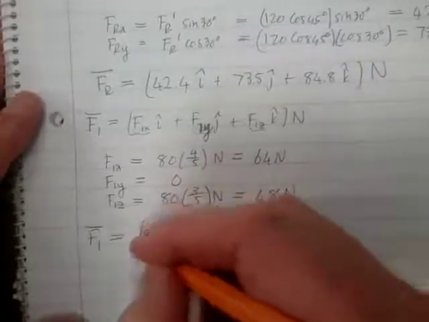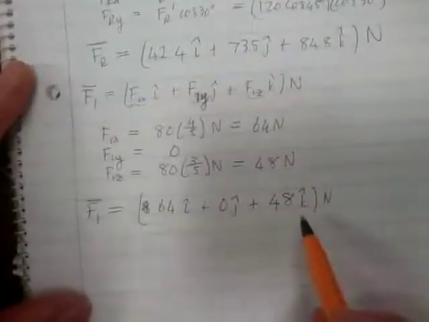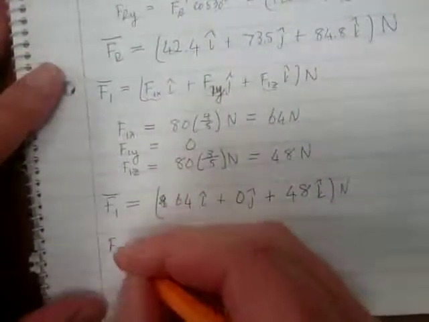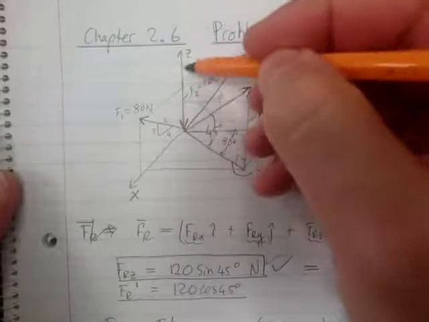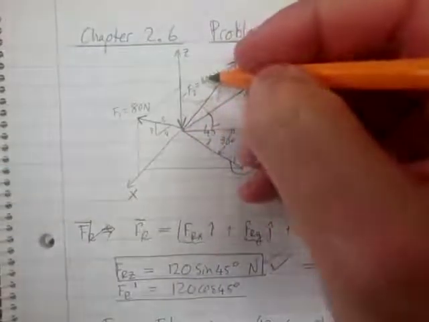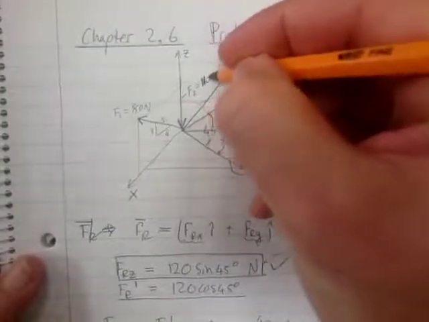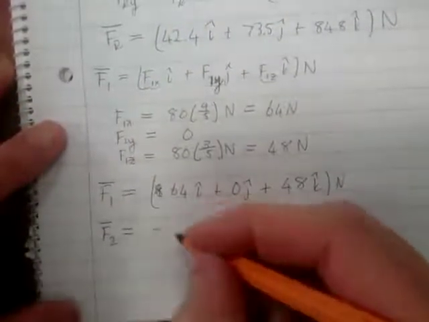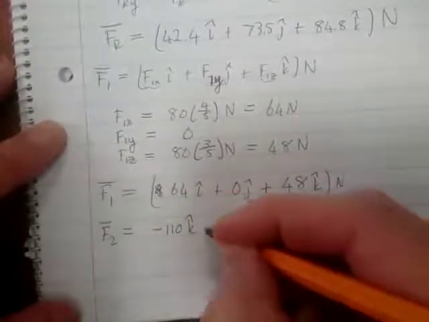Alright, so now we've got FR in Cartesian vector form, we've got F1 in Cartesian vector form, and what about F2? F2 is relatively straightforward, because F2 is just acting in the negative z direction with a magnitude of 110. So F2 is minus 110k Newton.